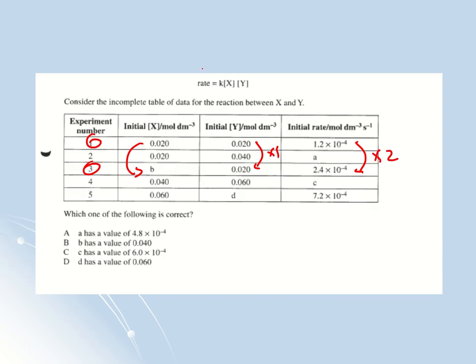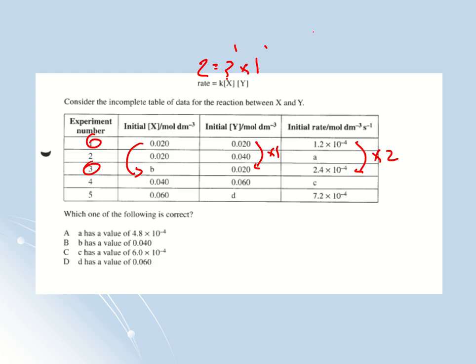So let's plug in my values. Rate has gone up by a factor of 2. X has gone up by a factor of, well, that's what I'm trying to work out, to the 1. And Y has gone up by a factor of 1 as well, and that is 1 to the 1, which is, of course, 1.